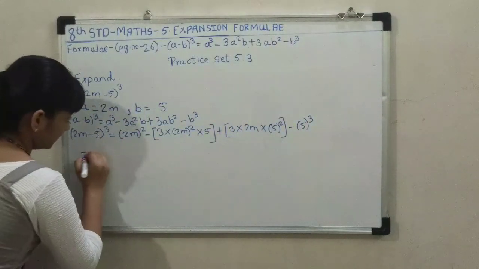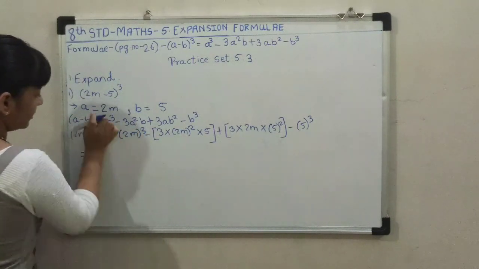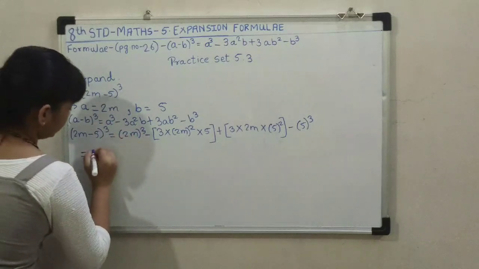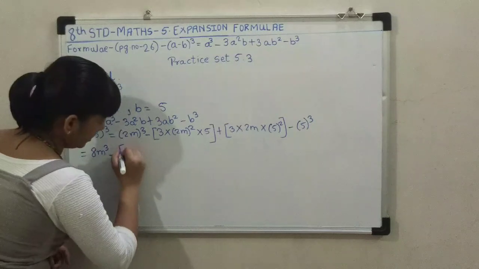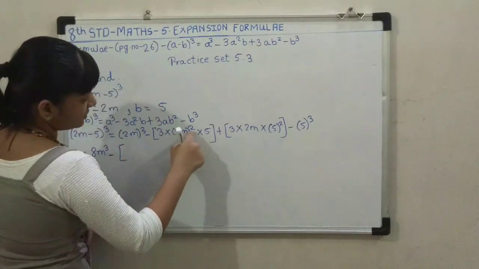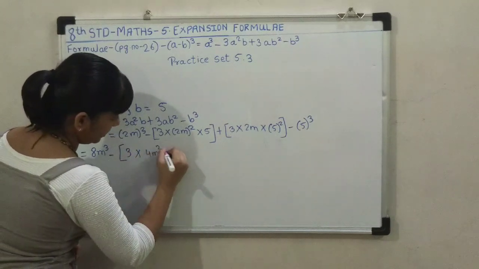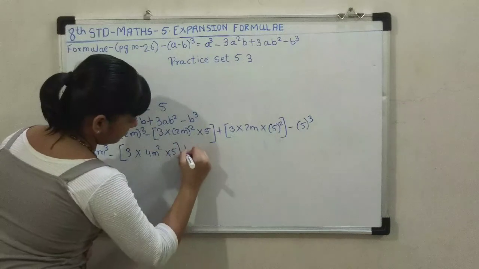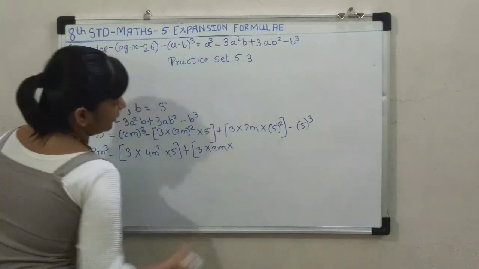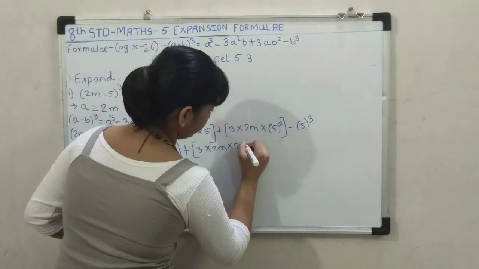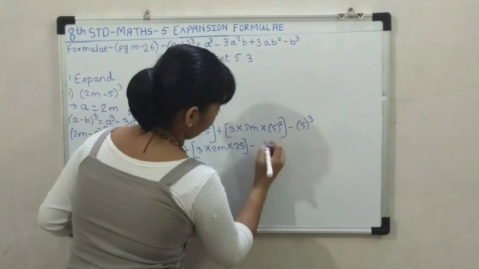So 2 squared is 4, and 2 cubed we have to take here in the formula. 2 cubed is 8 and m cubed is m cubed, minus 3 into 4m² into 5, plus 3 into 2m into 25, minus 5 cubed is 125.